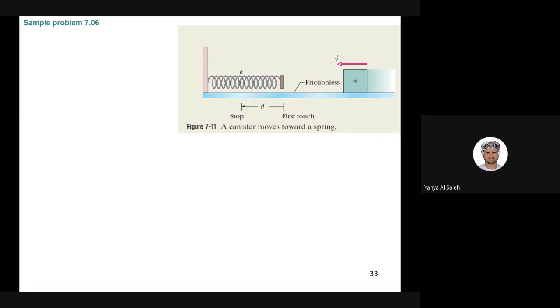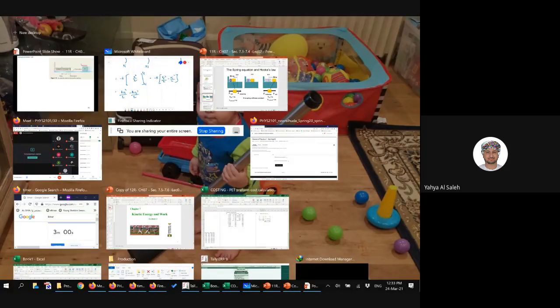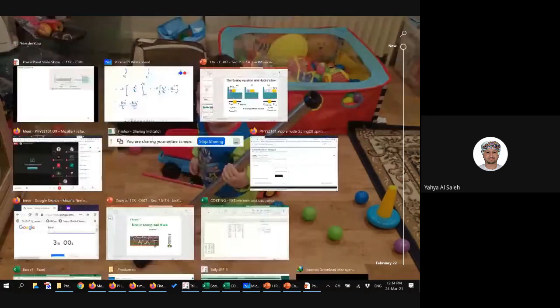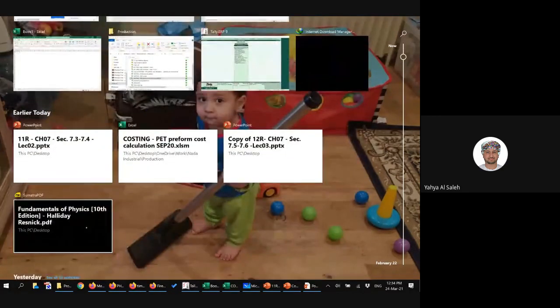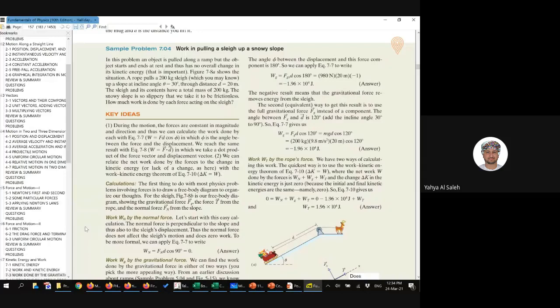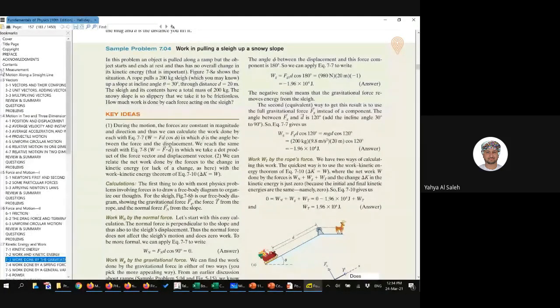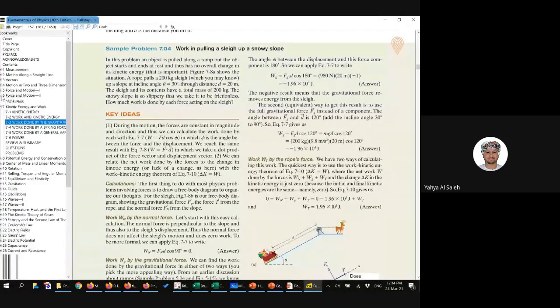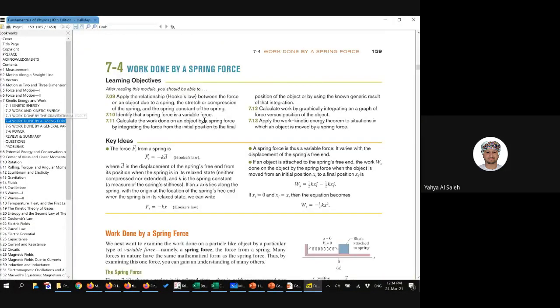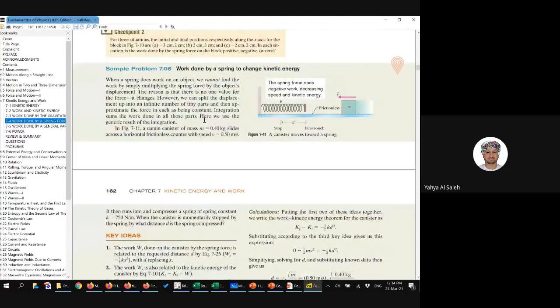Let's look at a sample problem, 7.06. When a spring does work on an object, we cannot find the work by simply multiplying the spring force by the object displacement, because there is no one value for the force, it changes.